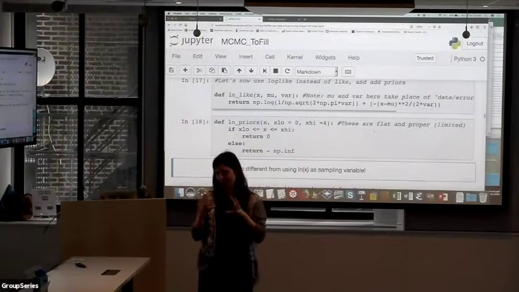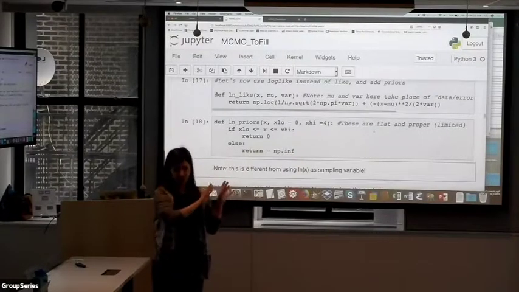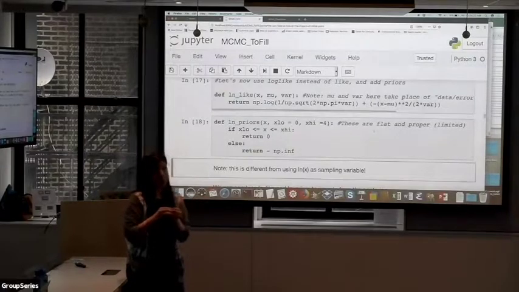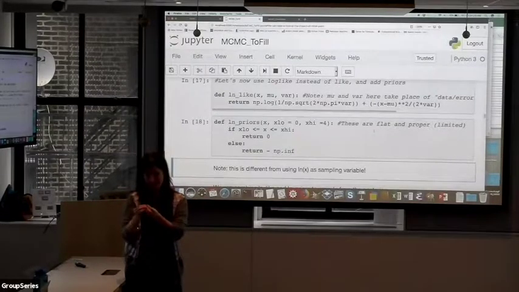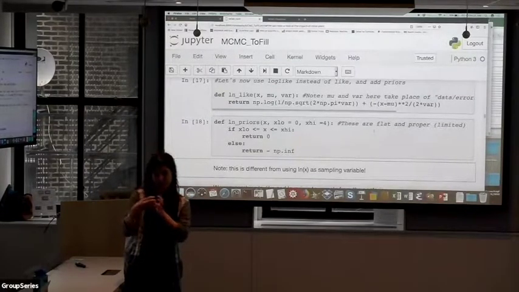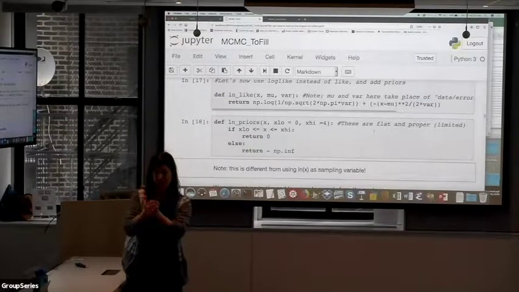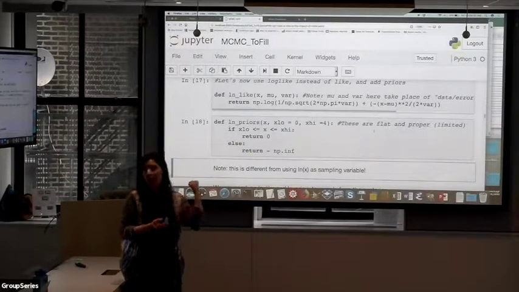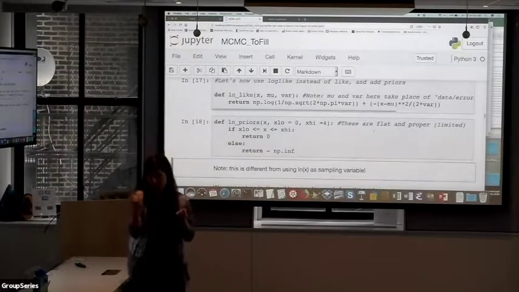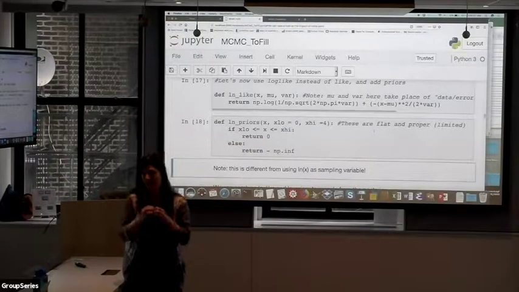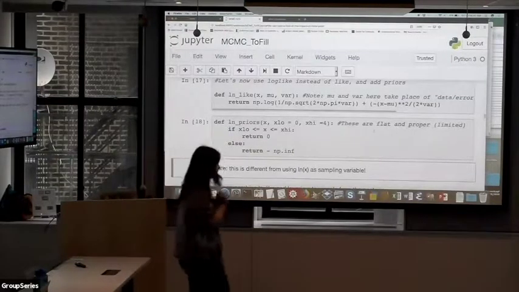So this is just something to keep in mind, that using log-like is very trivial, but if you're actually changing the sampling variable, then your priors become modified with an additional factor, which is the Jacobian of the transformation, or really in one dimension like this, a factor that is just the derivative of the new variable with respect to the old variable.